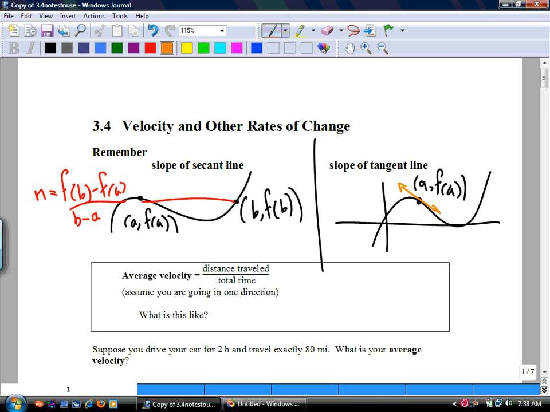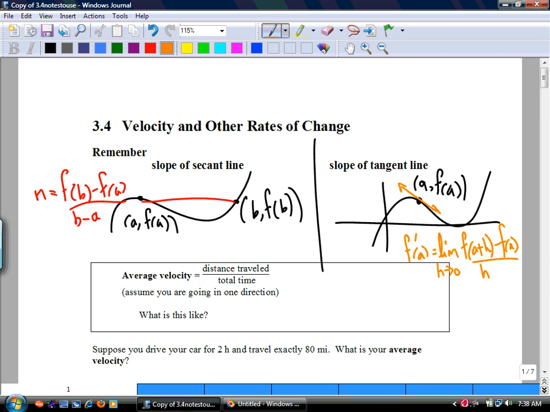That red line, a tangent line. It's f prime of A equals the limit as h approaches 0 of f of A plus h minus f of A all over h. So that should be reviewed.